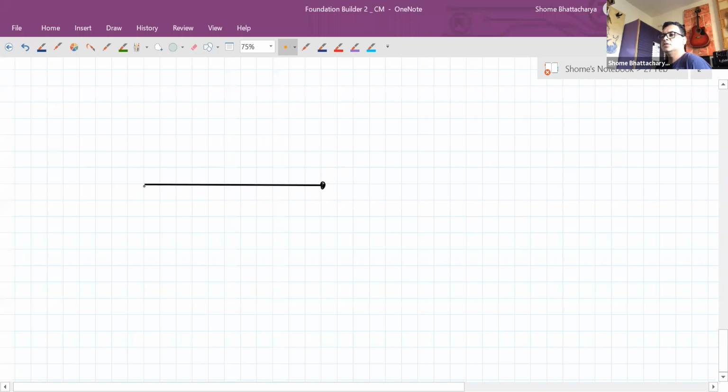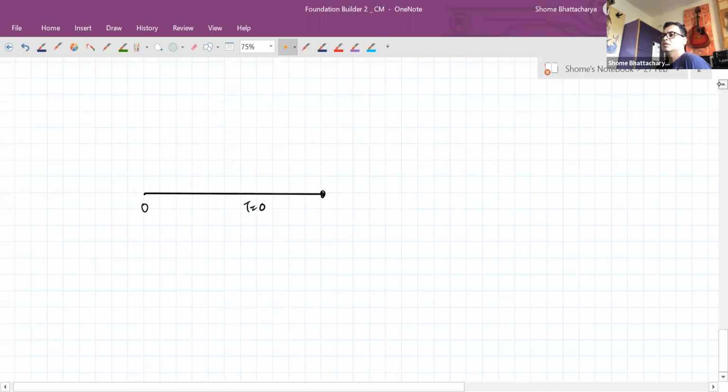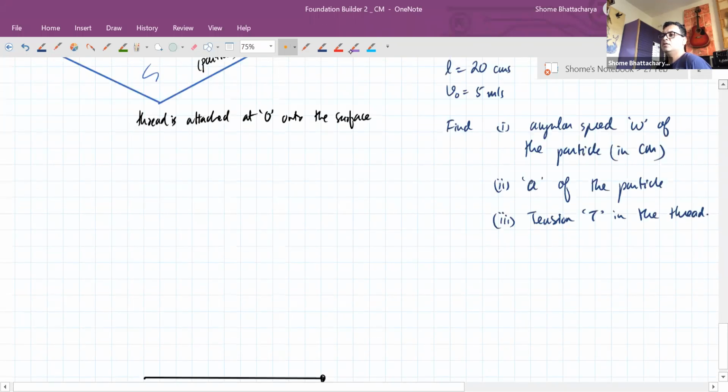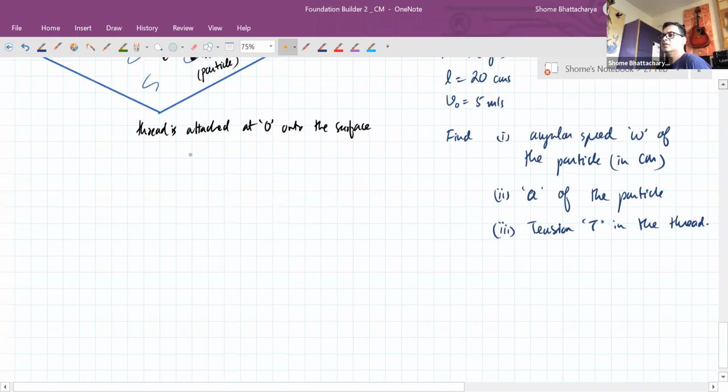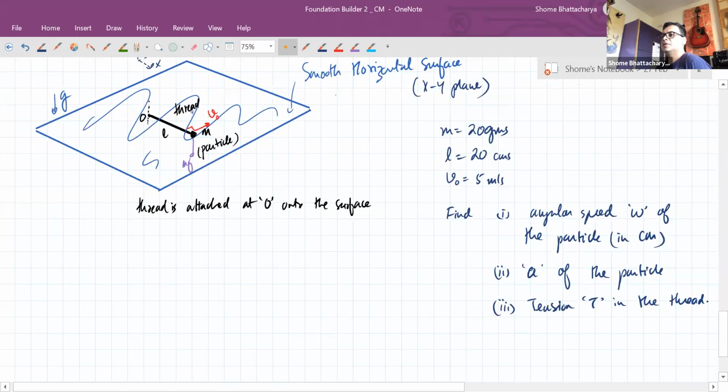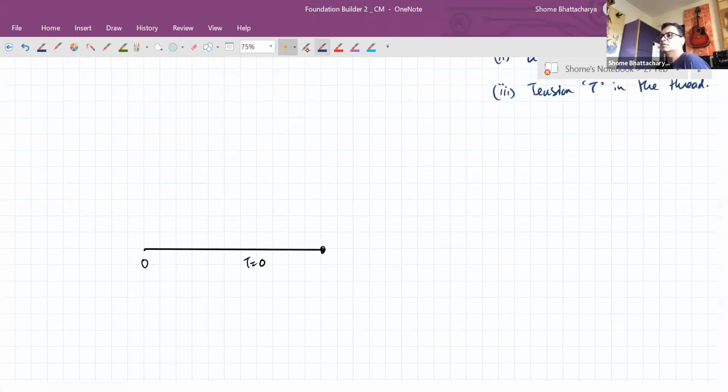Now the thread is attached to this point on the surface. So initially there is no tension in the thread, because the particle is just lying on the surface, so its weight is balanced by normal reaction. The particle is at rest.